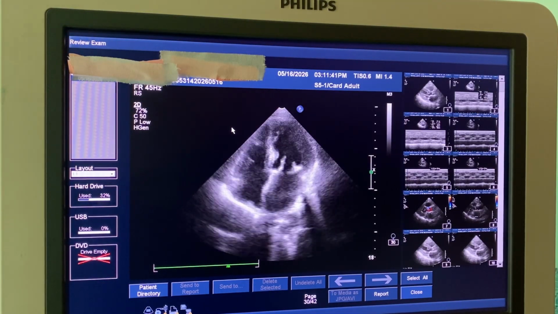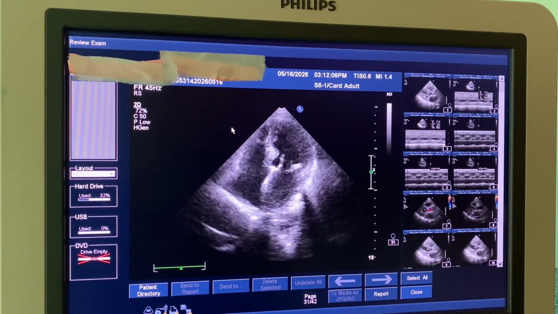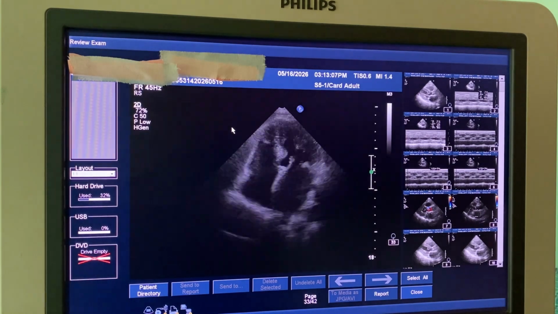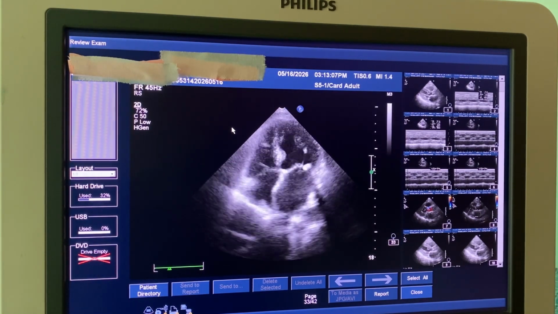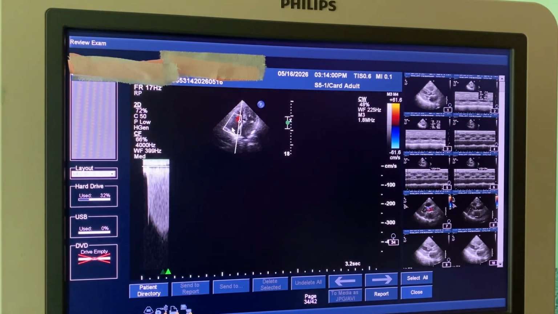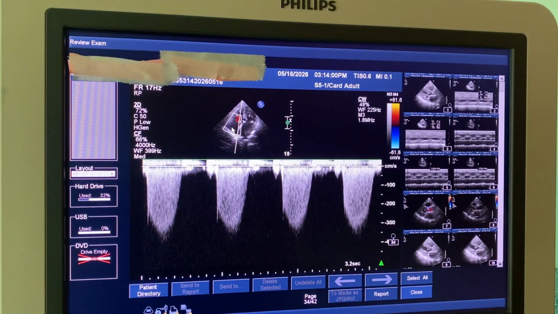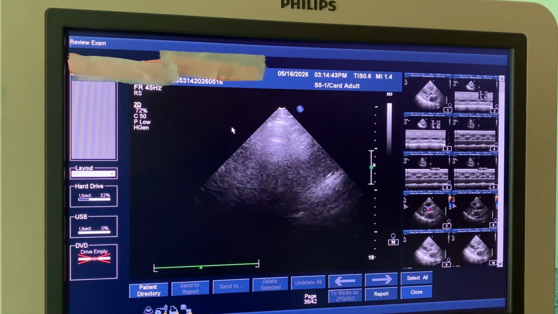Severe mitral annular calcification. This is TR, this is moderate TR.